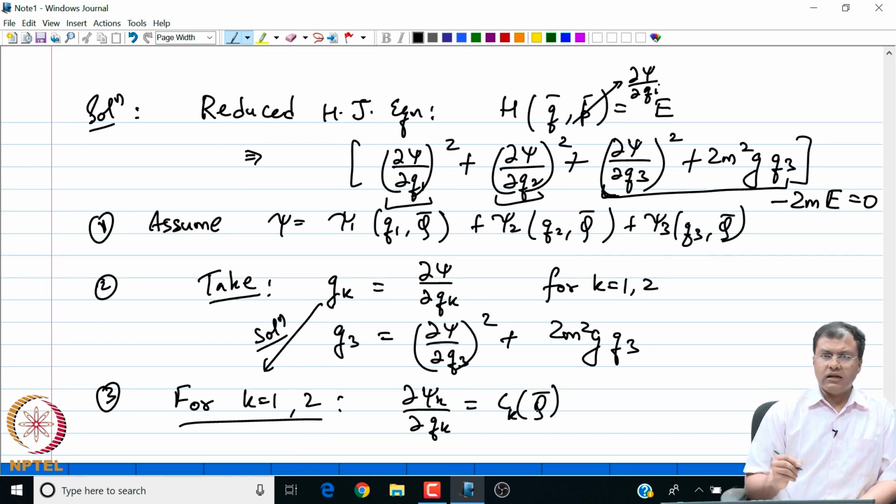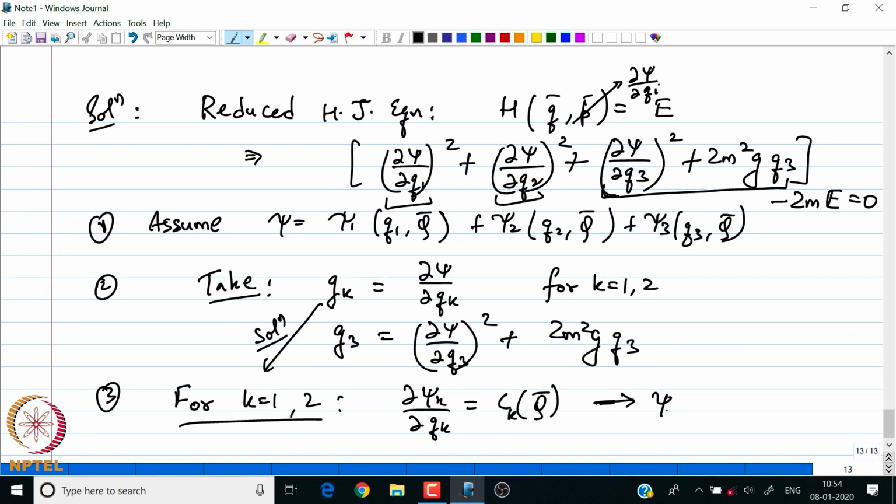I have just integrated this, so psi k is ck of q bar times qk plus a constant kk of q bar. We see that the psi k's for k equal to 1 and 2 are linear functions of the respective position coordinates q1 and q2.